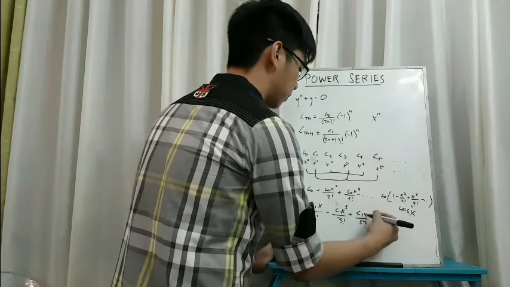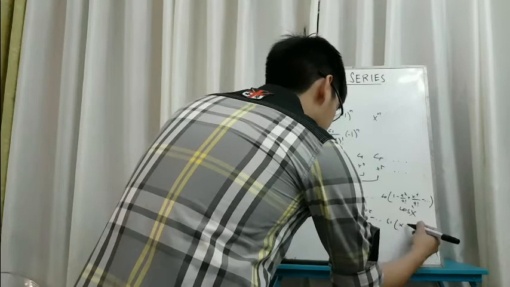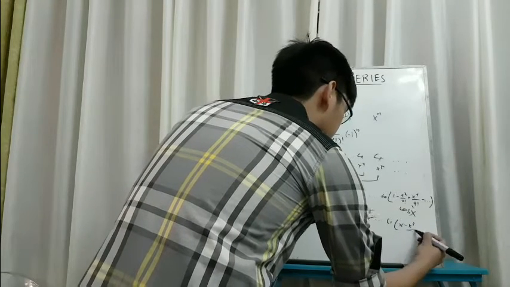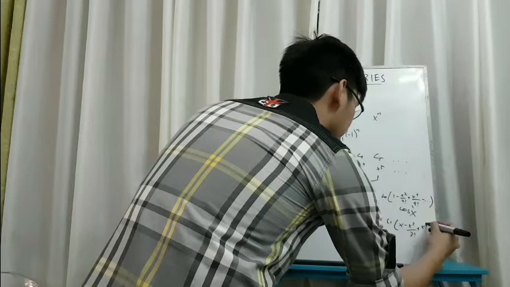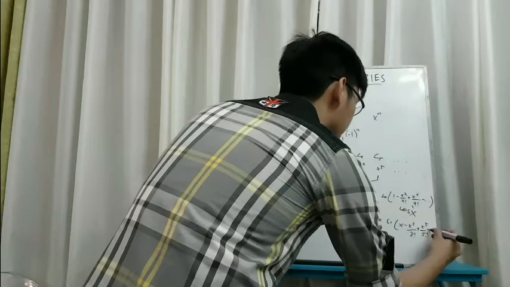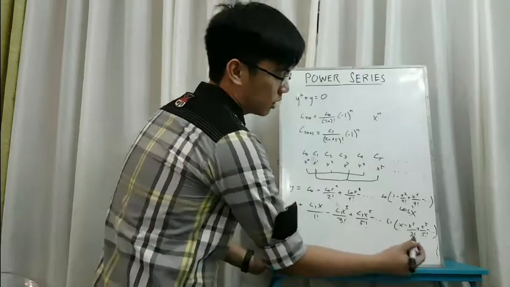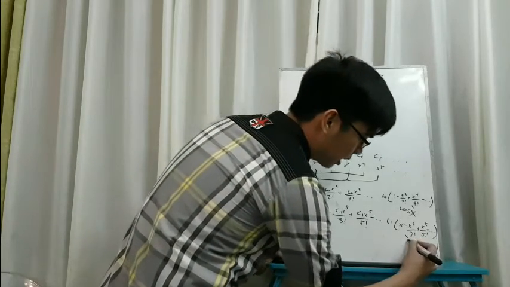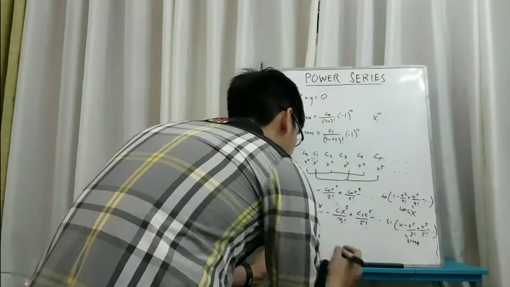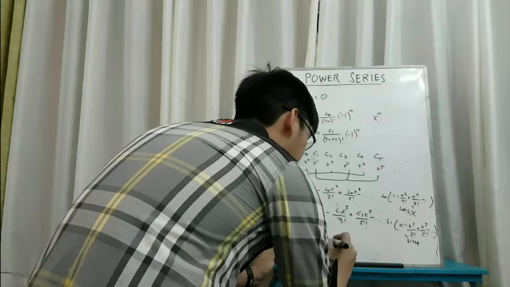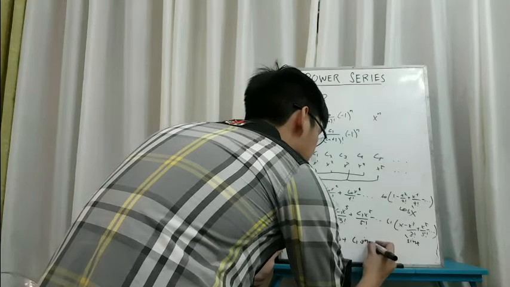C5 x raised to 5. So let's factor that out. Now we're left with x minus x cubed over 3 factorial plus x raised to 5 over 5 factorial minus that. And if this is cosine x, this is sine x. Okay, so final answer would be C0 cosine x plus C1 sine x.